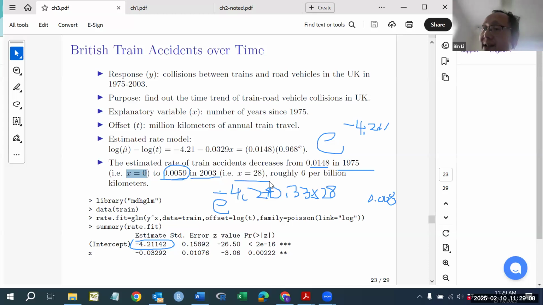That's the drop, that's the difference. But the estimate at 2003 is 0.006. That's what we estimate for this year, while the difference is between 1975 and 2003. So you can interpret it that way.